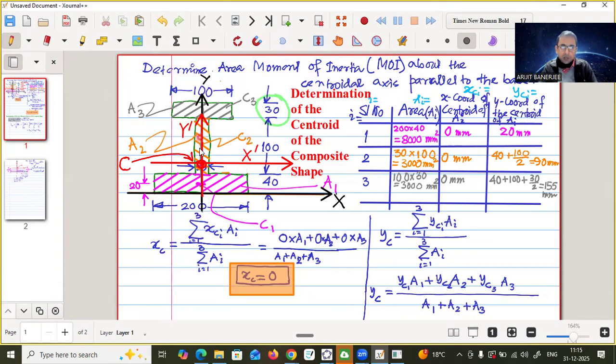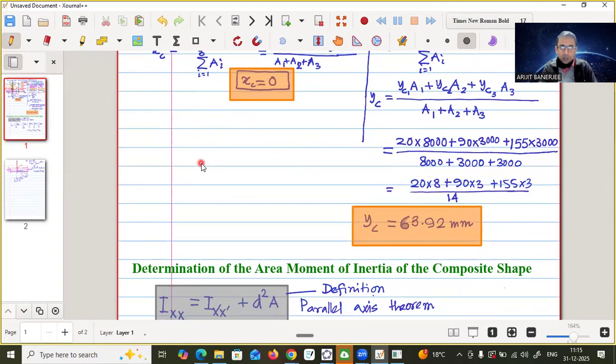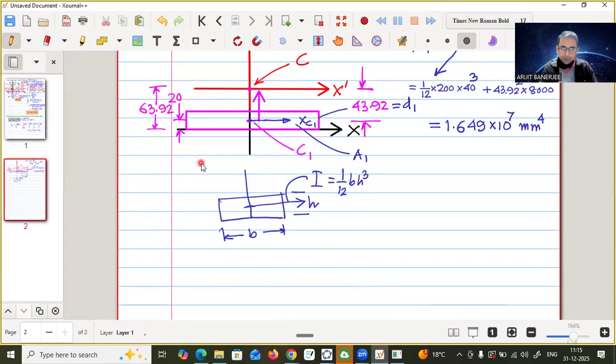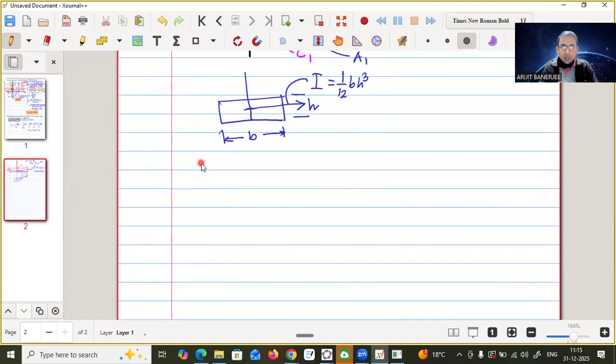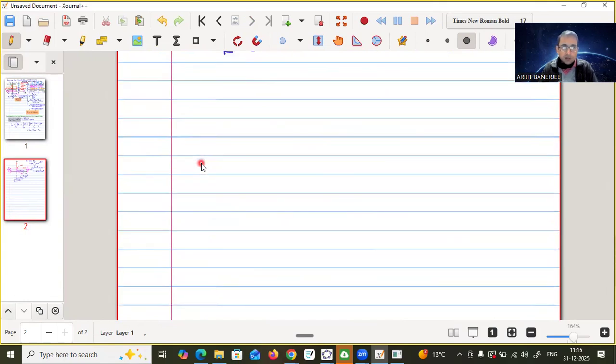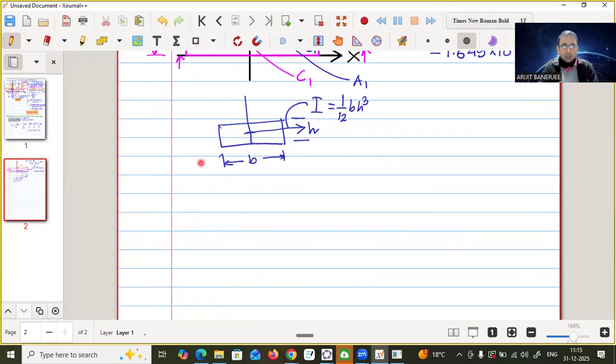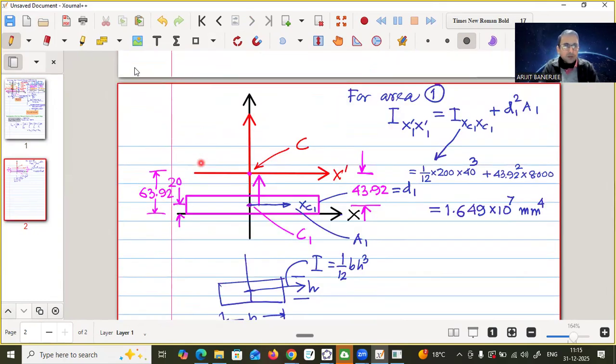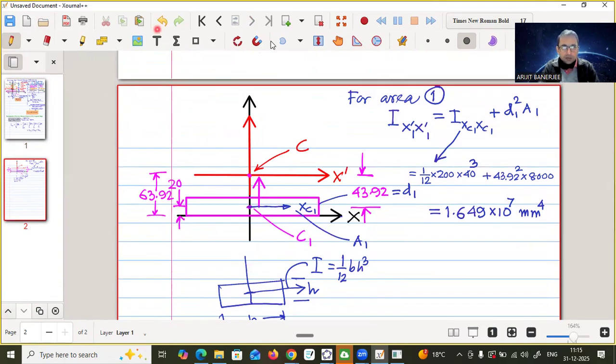Next, we will do it for the orange color shape and transfer here in the same way. For the orange color shape, you see where it is, again do the same thing. You can just copy it and then transfer it.